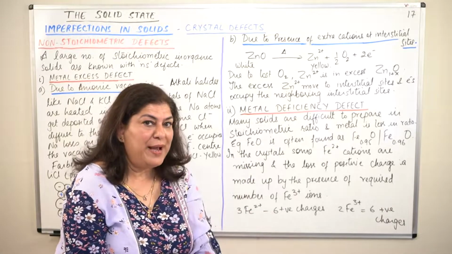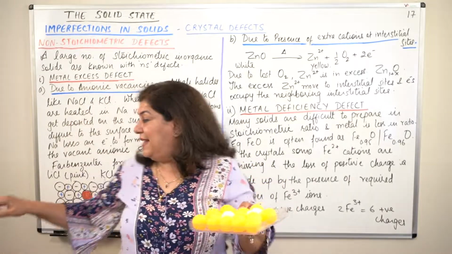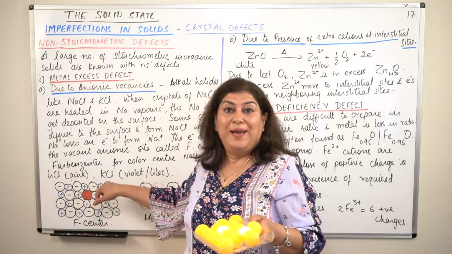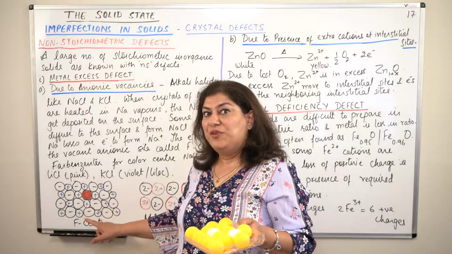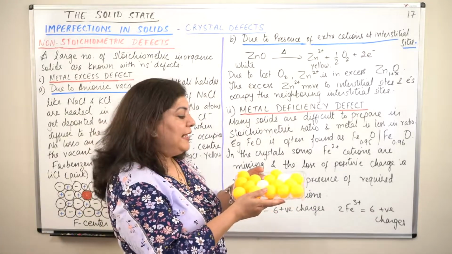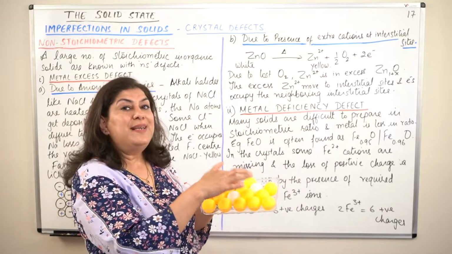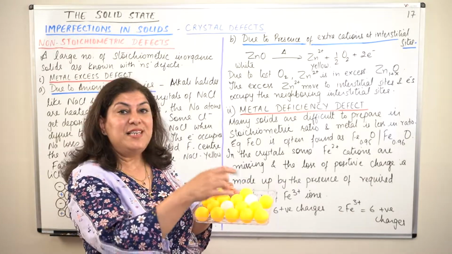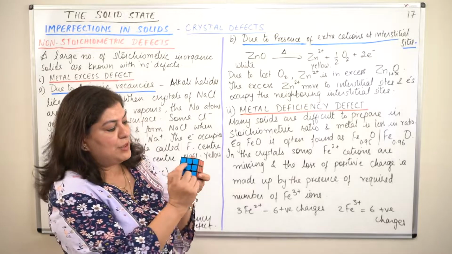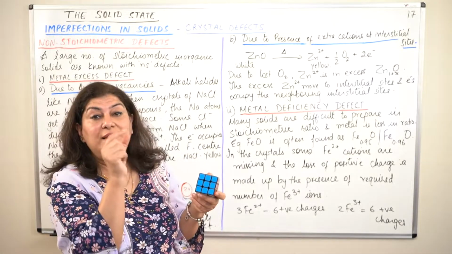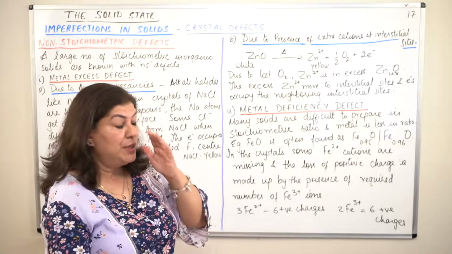They do not occupy the lattice sites. Like here, the sodium was still occupying the lattice sites and the electron was diffusing in. Here, the excess zinc occupies the vacancies between the lattice sites. It does not occupy the lattice points, it occupies the spaces between the lattice points, which are called interstitial spaces.